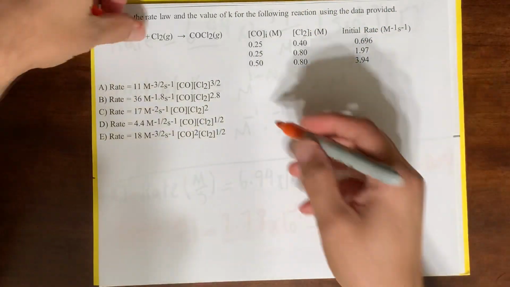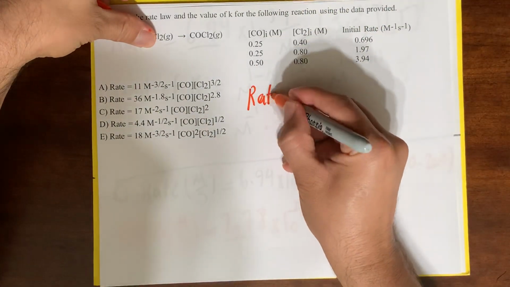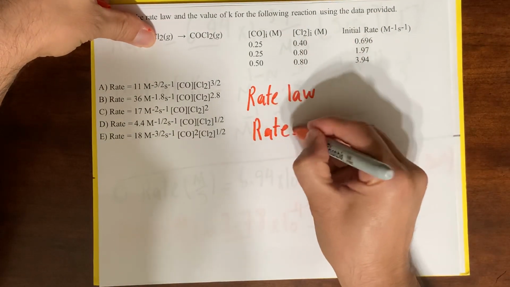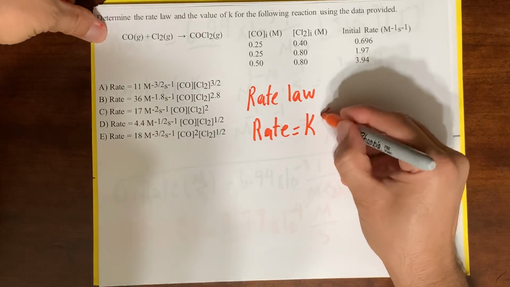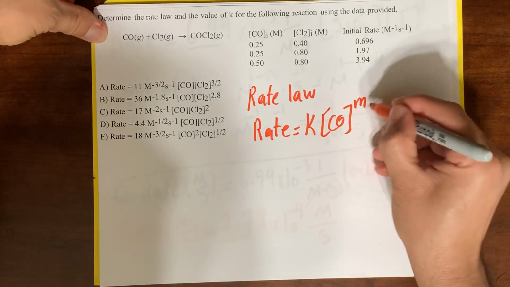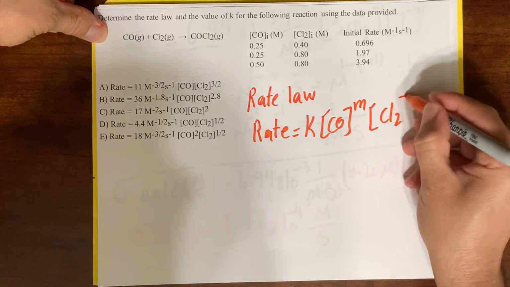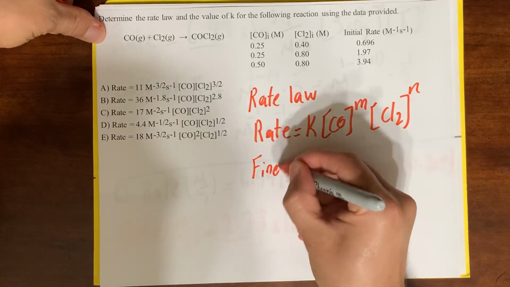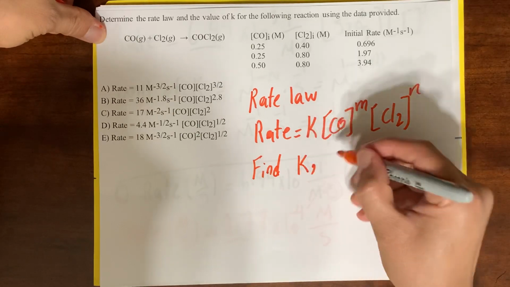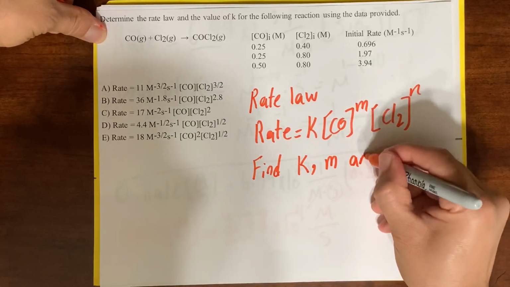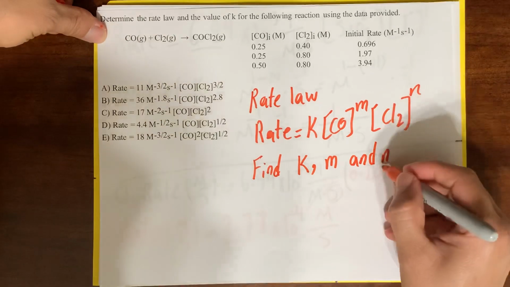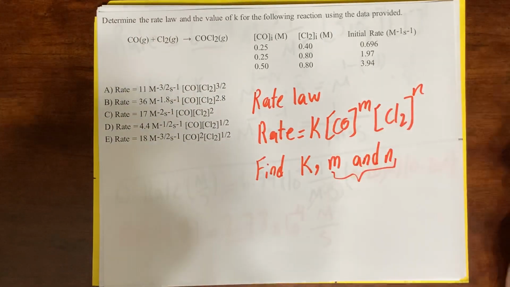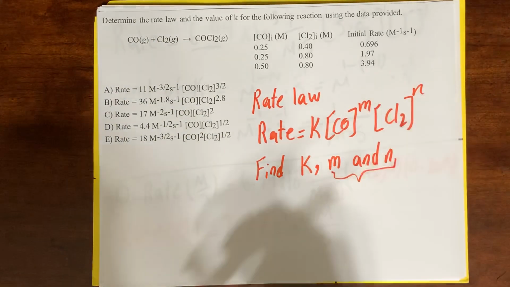So you need to write this: rate law is going to be rate equal to K multiplied by CO to the power of M multiplied by Cl2 to the power of N. Find K, M, and N. You start with these two first, M and N. You have to find them, and then you will find K.